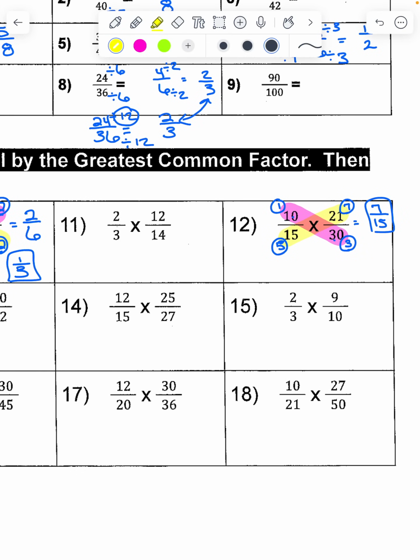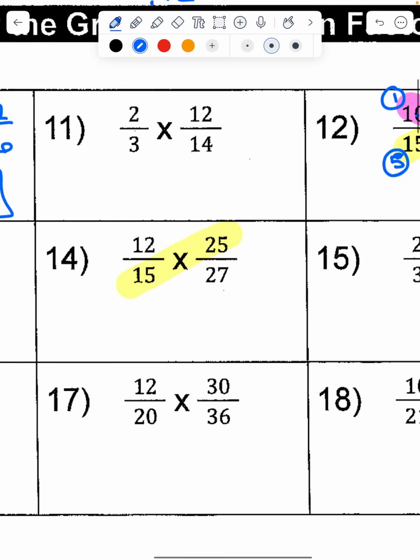Let's look at 14. Going this way, 15 and 25, the number that they both have in common is a 5. 5 goes into 15 3 times, and 5 goes into 25 5 times.